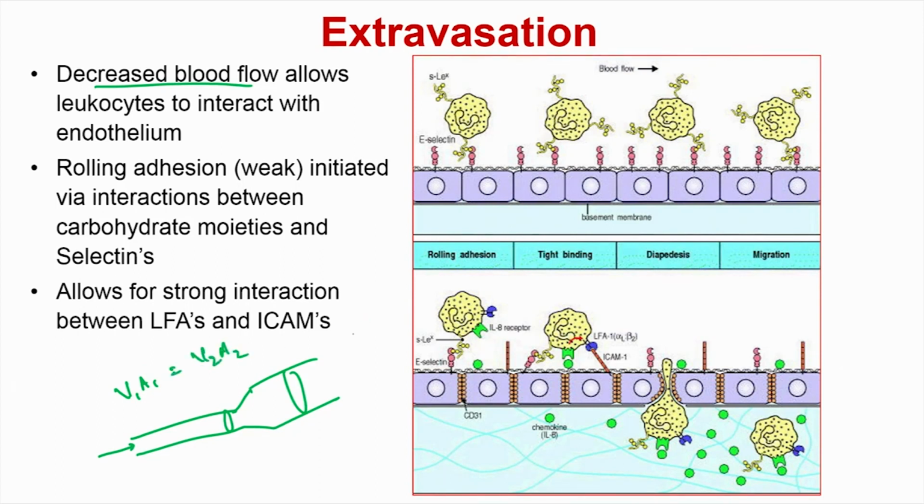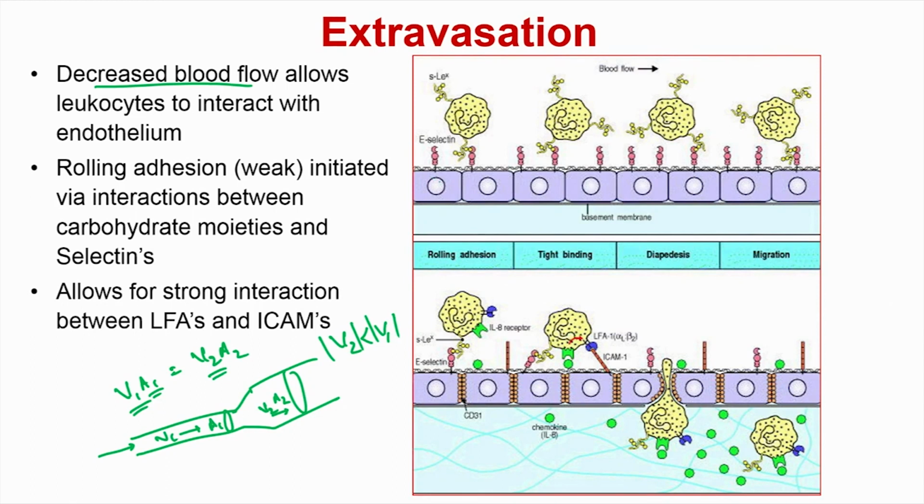So, now we are saying that A1 is small, whereas A2 is large, and because of that V1 will be higher and V2 will be less than V1 in magnitude, the direction of course remains the same. Because of that you will find there is a decreased blood flow through the endothelium.